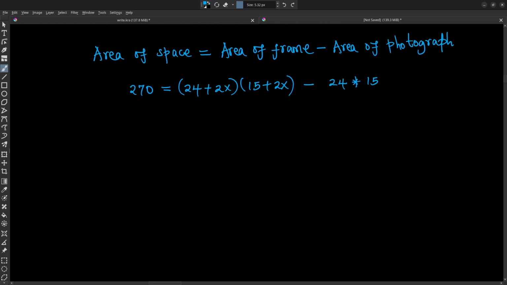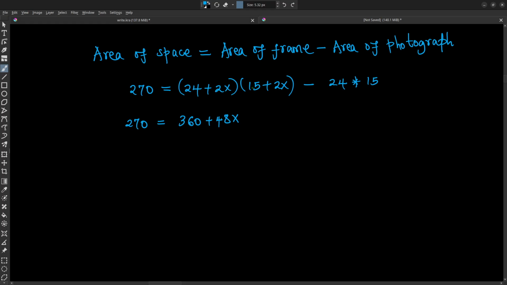Okay, let's expand these. On the left, we still have 270 is equal to, let's expand this, 24 times 15, that's going to be 360. 24 times 2x is going to be plus 48x.